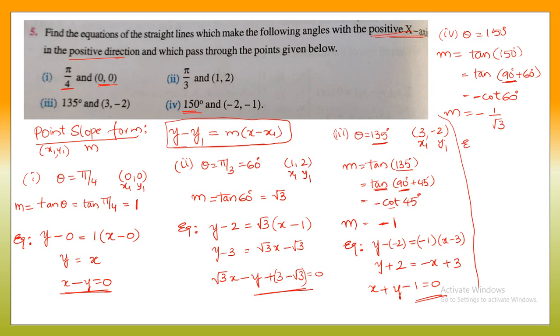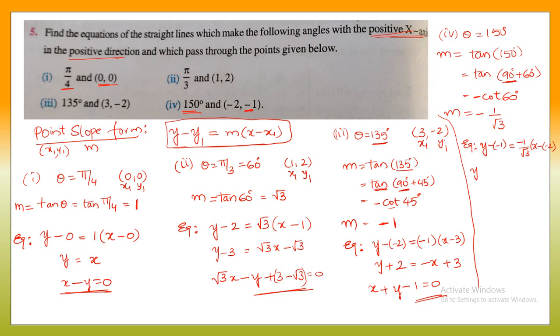Now going with the equation of the line. So to find the equation of the line, what is the formula? y minus y1 is equal to m into x minus x1. So what is the point here? y1 is minus 1. So y minus of minus 1 is equal to minus 1 by root 3 into x minus x1, which is nothing but minus 2.